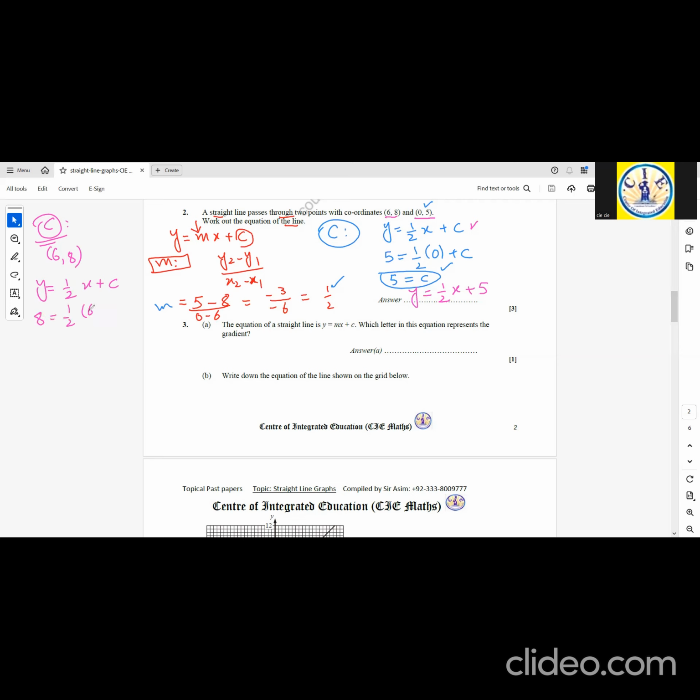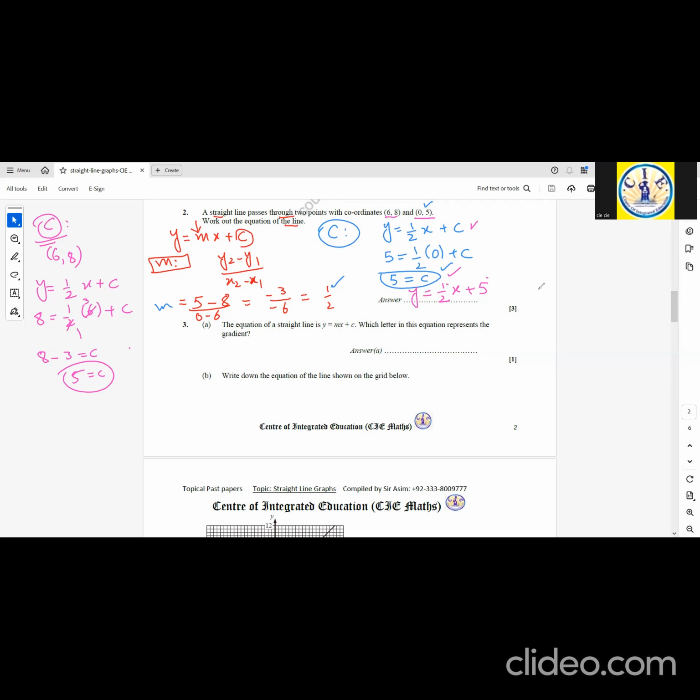The value of x is 6, plus c. 2 3s are 6, and then 8 minus 3 is equal to c. Again, the value of c is 5. And then we can put the value of m and c here to get that equation finally.